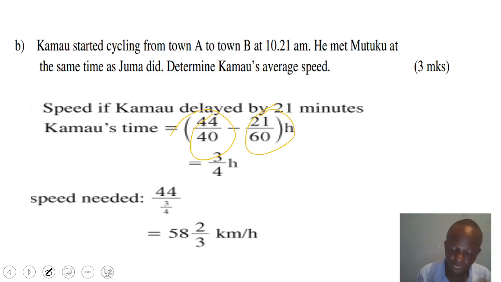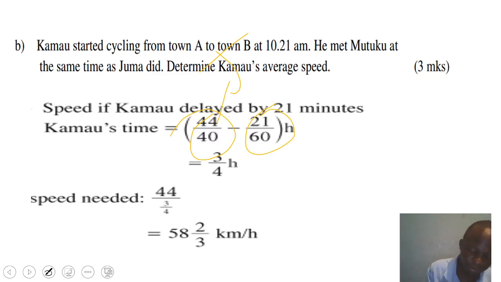So don't forget that 44/40 is the speed of Juma, and 21/60 is the speed of Kamau. Why are we dividing by 60? We are dividing by 60 because we want this to be in hours. 21 is minutes, so 21/60 in hours.